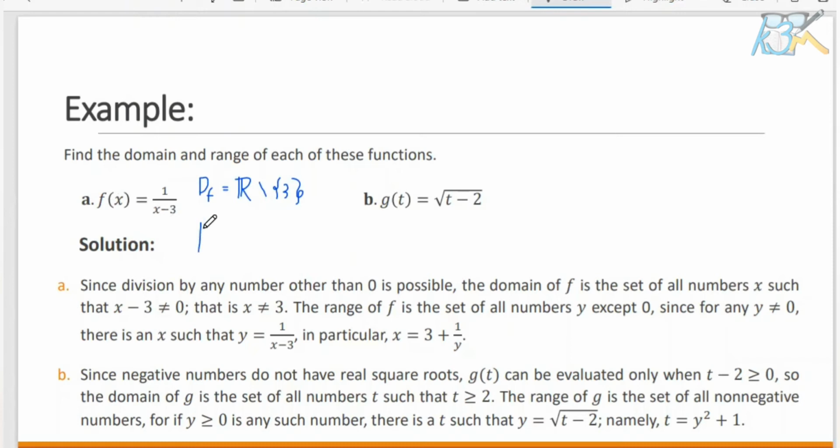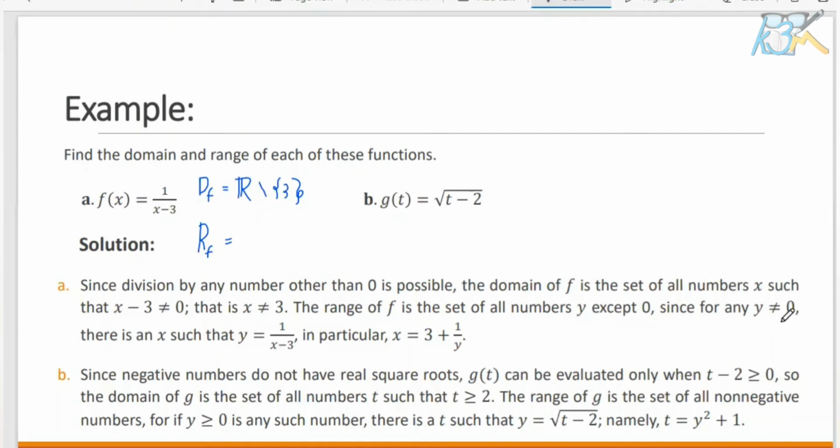And for the range, the range of this function f is the set of all numbers y except 0, since for any y not equal to 0, there is an x such that y is equal to 1 over x minus 3. In particular, x is equal to 3 plus 1 over y.